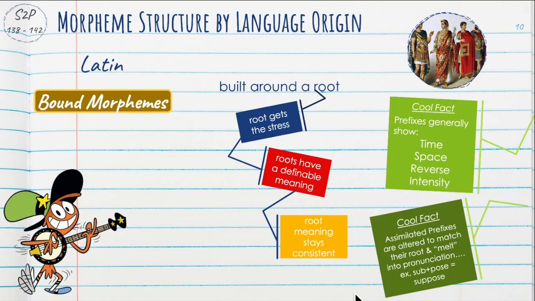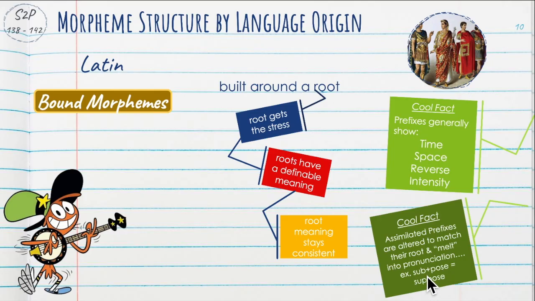Often you will find assimilations in the prefixes for Latin word parts. For example, remember, assimilation means that you're going to alter so that it matches or melds into the pronunciation and makes it easier to say. Well, suppose, S-U-P-P-O-S-E, is actually two word parts of sub, below, and pose, which is thinking about, so contemplating.